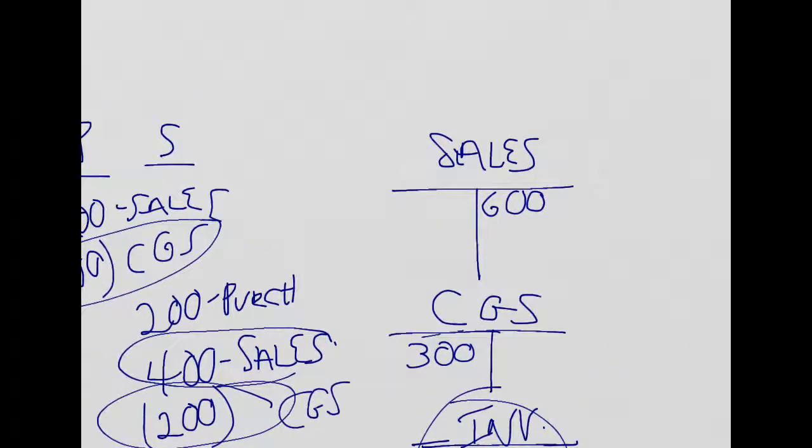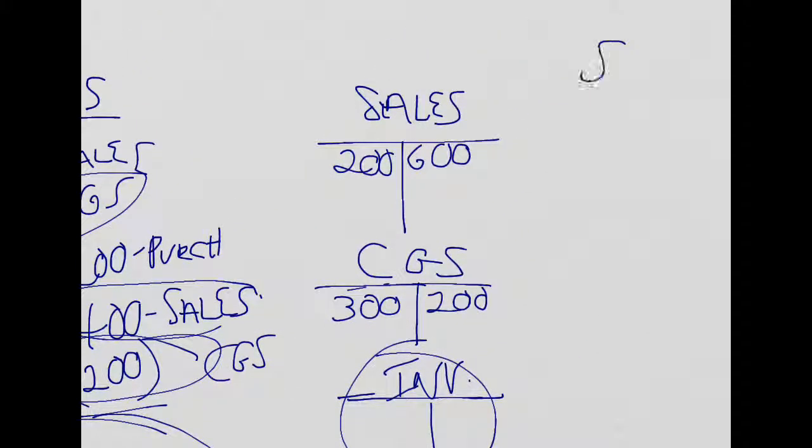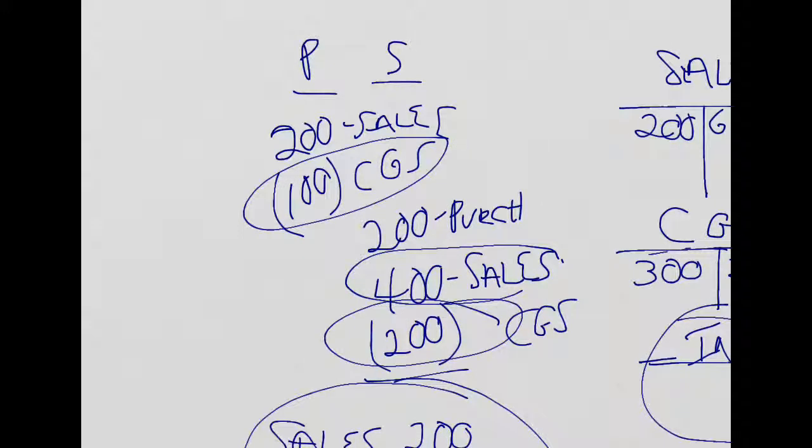We're going to debit sales for 200, and we're going to credit cost of goods sold for 200. And look how amazing this winds up to be. When we get to the consolidated, we wind up with $400 of sales showing, which represents the amount of sales sold to the outside world by the subsidiary here.